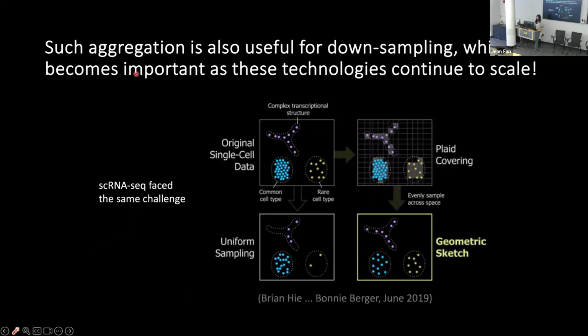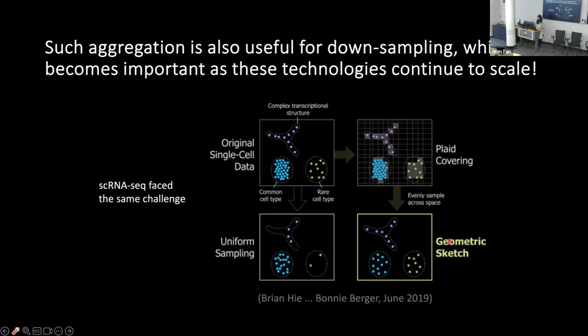So I think, again, for the single cell audience, some of you might be familiar with this challenge of as we scale these technologies to millions of cells, it becomes really hard to analyze everything. So what Bonnie Berger's lab did was develop geometric sketching as a way to downsample the data from the higher order manifold while keeping reasonable representation of all cell types and cell states.